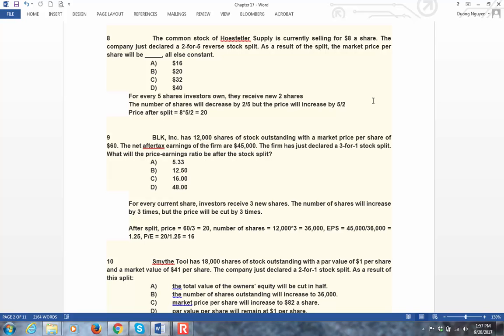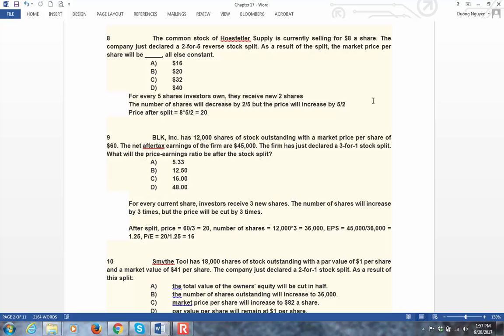What it means is for every 5 shares investors are currently holding, investors will receive 2 new shares. So after the split, the number of shares will decrease by 2/5, because for every 5 shares investors receive only 2 new shares.